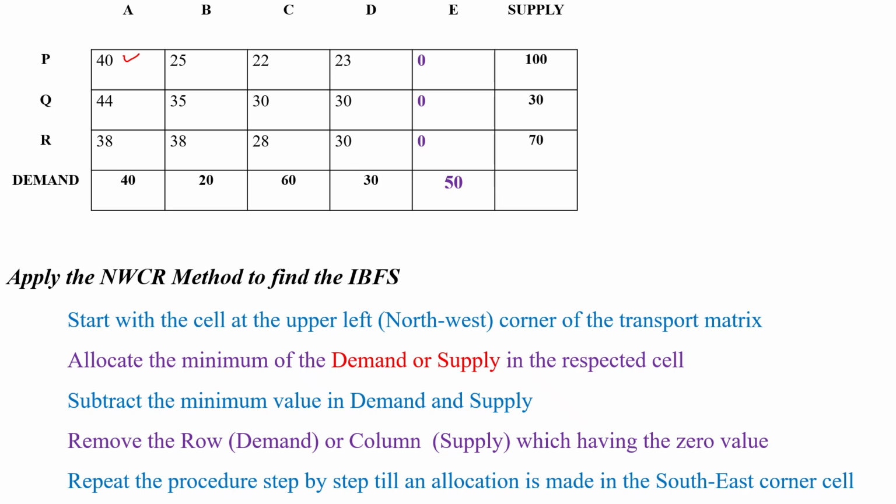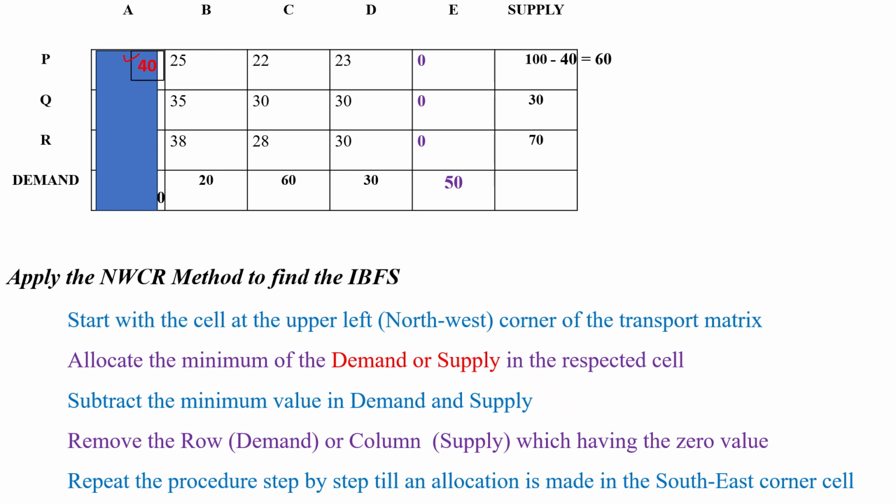Here demand is 40 and supply is 100. Among these two, minimum is 40. So allocate 40 in this cell and subtract the 40 from the demand and supply. That is 100 minus 40 equal to 60 is the supply and 40 minus 40 is the demand. Now we have to remove the column A because its demand is 0.